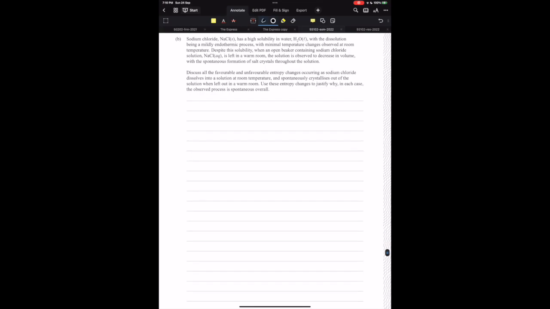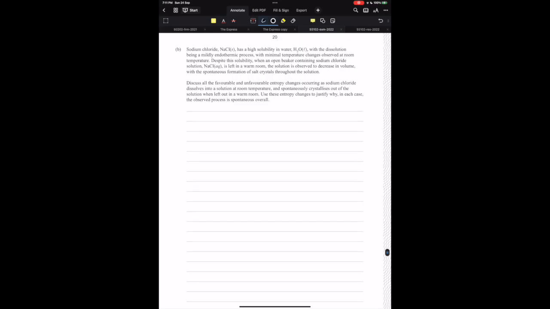So this is one of those typical scholarship chemistry questions where they give you a chemical situation, in this case sodium chloride and water, and they ask you to justify why certain reactions occur given by entropy changes. The whole underlying principle here is that delta S universe is equal to delta S system plus delta S surroundings.